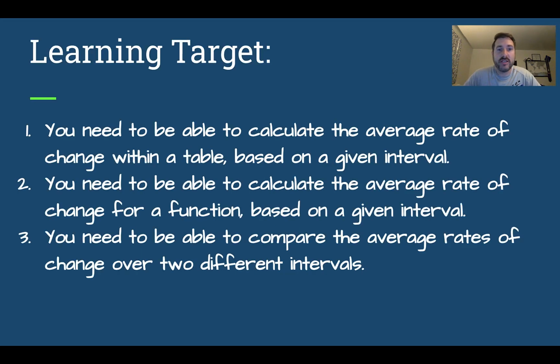After this lesson, you need to be able to calculate the average rate of change within a table based on the given interval. You need to be able to calculate the average rate of change for a function or equation or expression based on the given interval. And you need to be able to compare average rates of change over two different intervals.